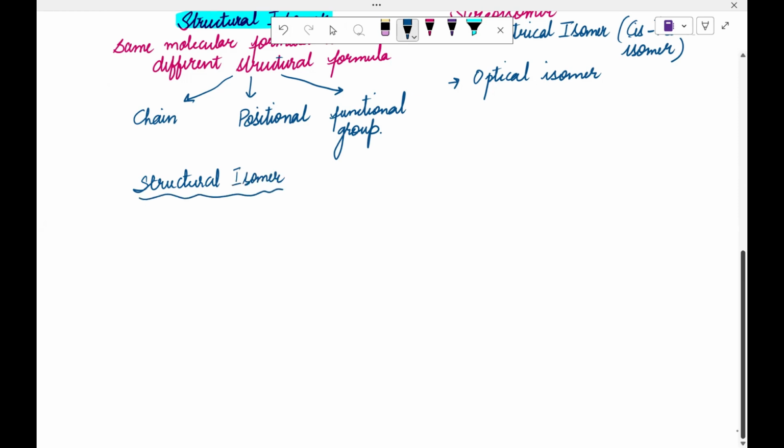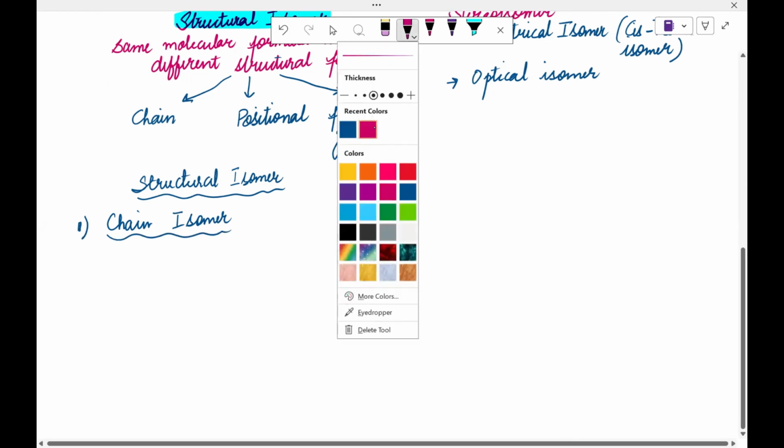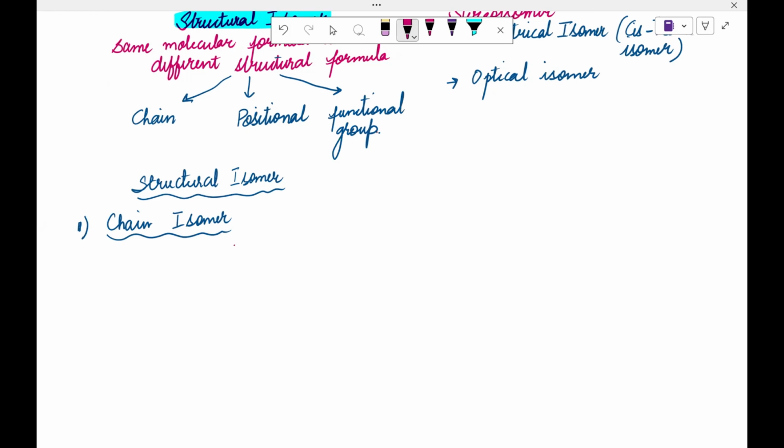And let's discuss the first type, and that is chain isomer. Let's write the definition for that.